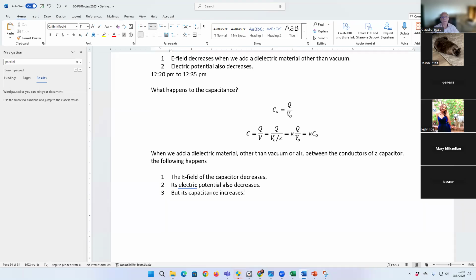Okay. Capacitance increases. What else can we do here?